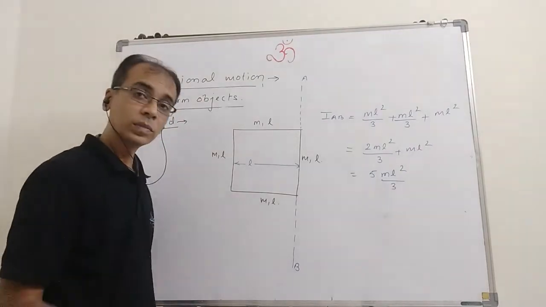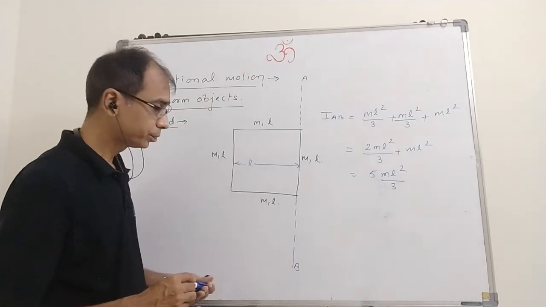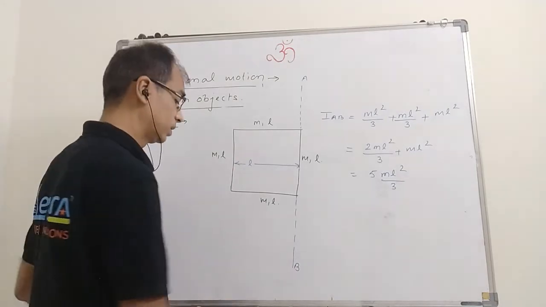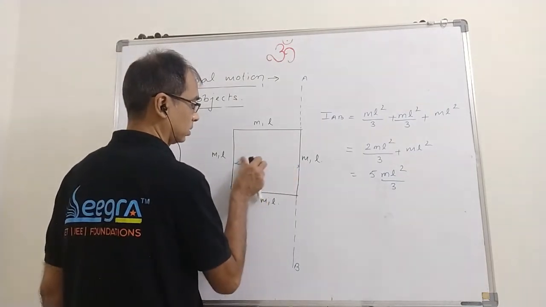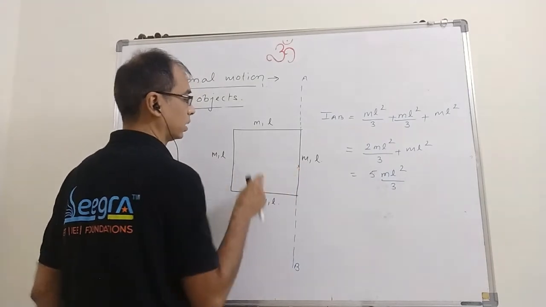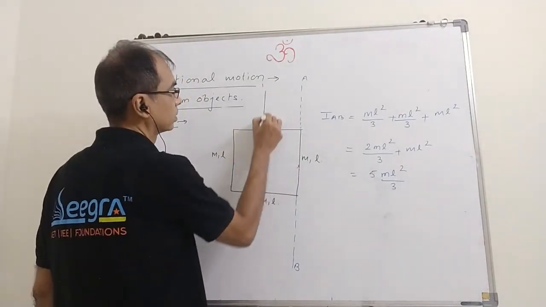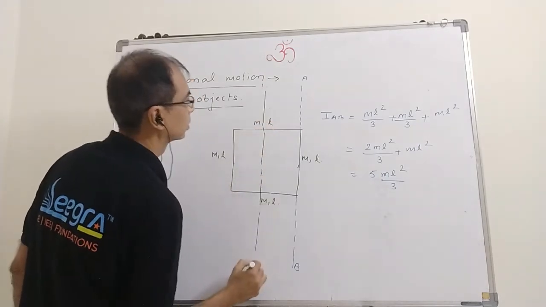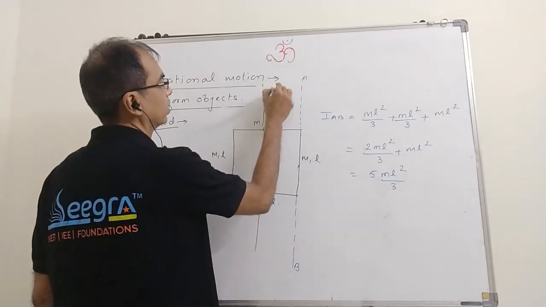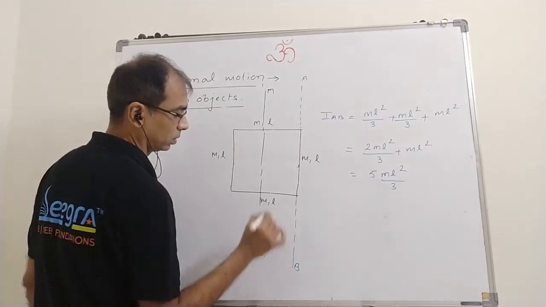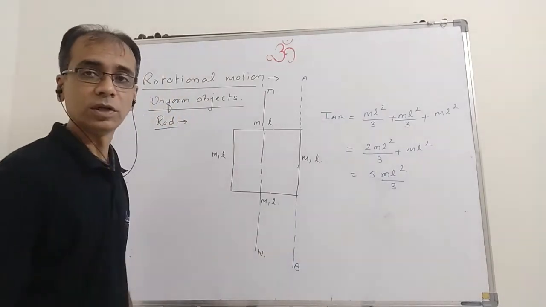Okay. Another one we'll find. Now suppose the axis is passing through the center like this. Let's say this is MN. Passing through the center. Then what is the moment of inertia?